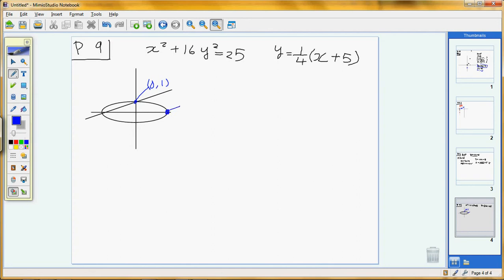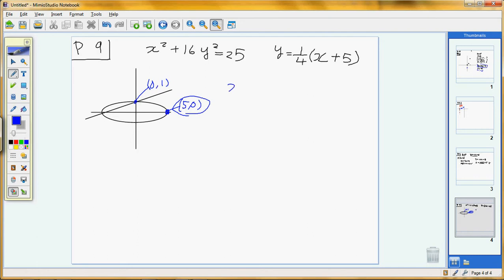This point is (5, 0). Let's use this (5, 0) to see if it satisfies the first equation. If not, this oval is the other equation.